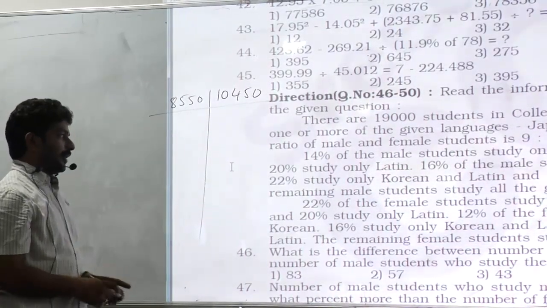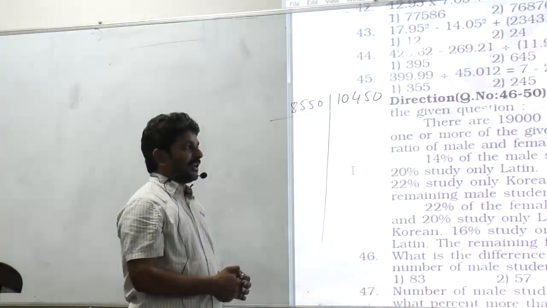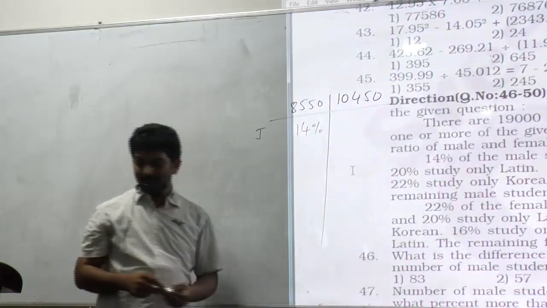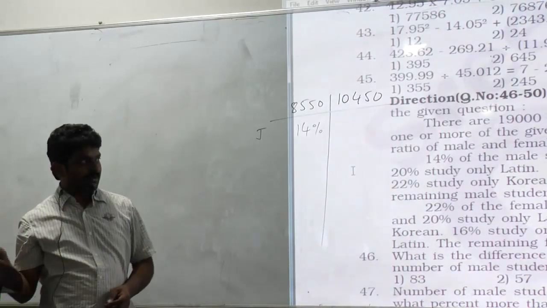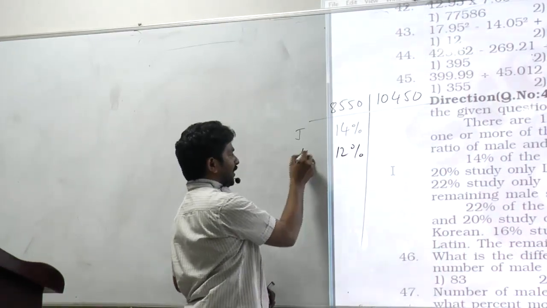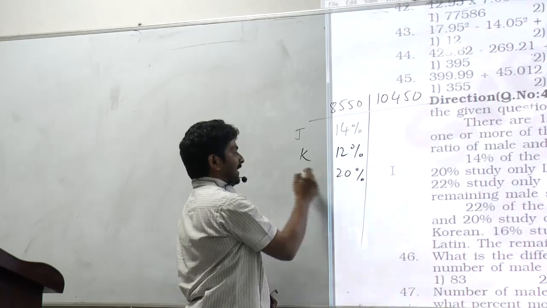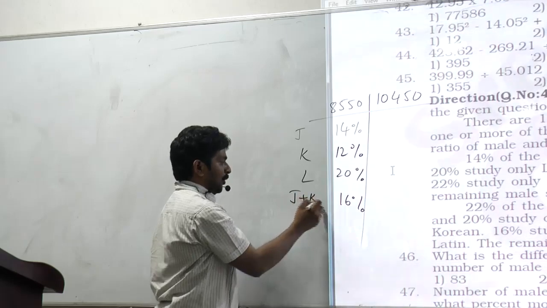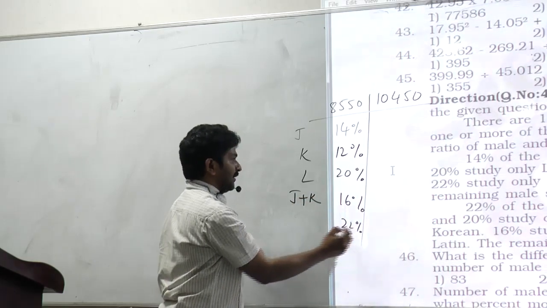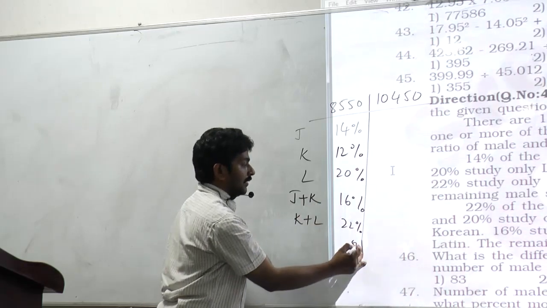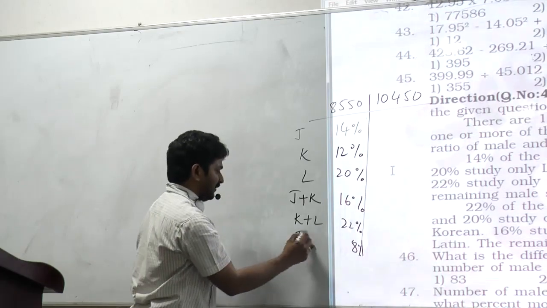And in male, 14% of the male students study only Japanese. Only Japanese, 14%. Next, 12% only Korean. 20% Latin. 16% Japanese and Korean. 22% Korean and Latin. 8% Japanese and then Latin.